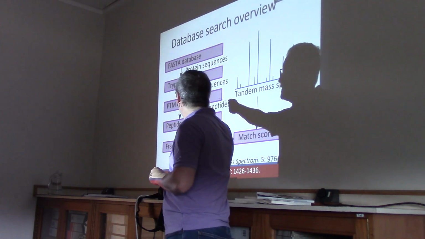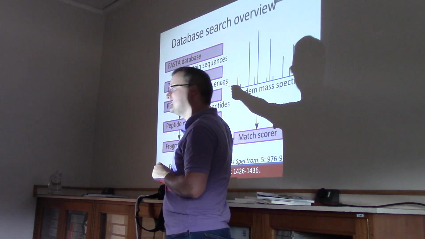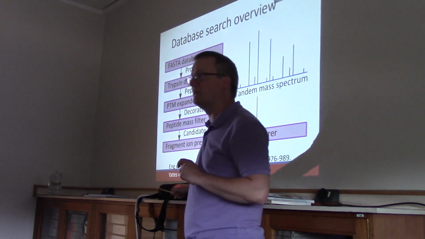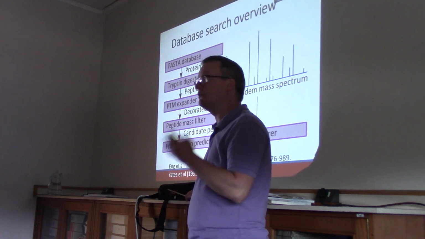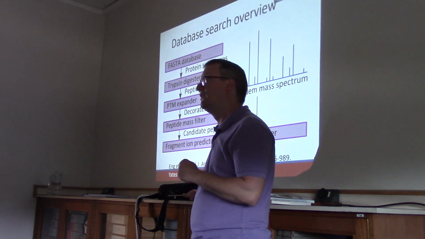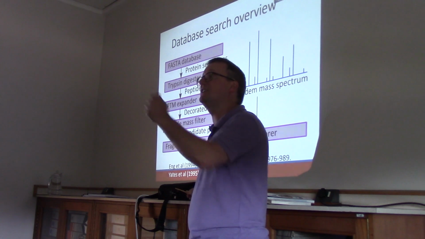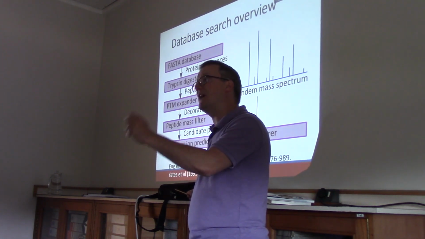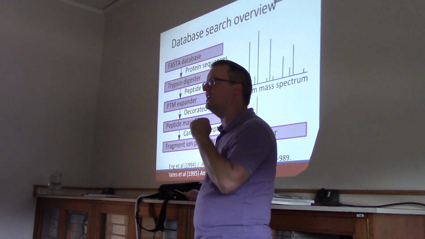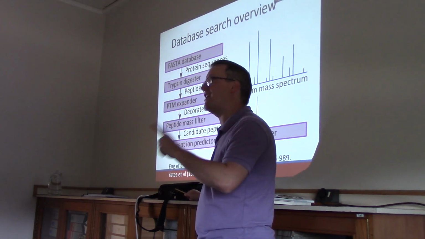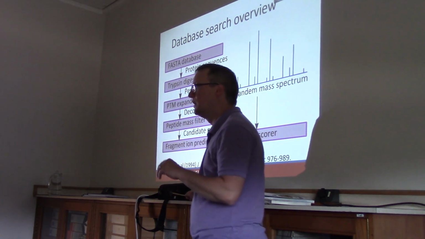So the PTM expander starts with a bunch of peptide sequences and then decorates them with all these sites where modifications may have happened. Generally speaking, those rules are very simple. They say something like, if I see a methionine, imagine the methionine is at its normal mass or at 16 higher, because methionine gets oxidized if you just look at it wrong.